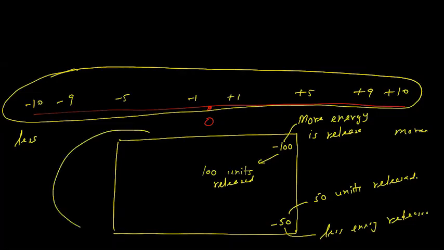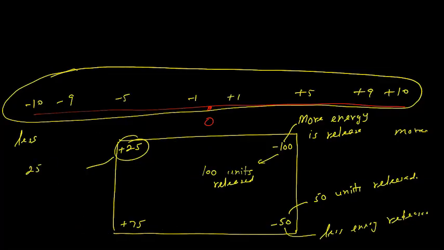But if I am talking about this region, I am saying here less positive, say +25, and here more positive, say +75. So +25 means 25 units absorbed, and +75 means 75 units absorbed.